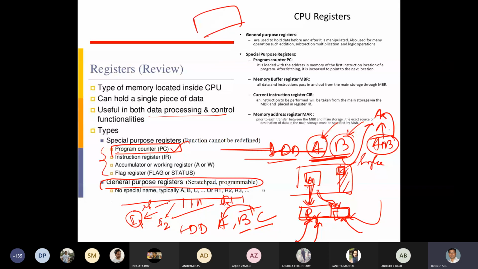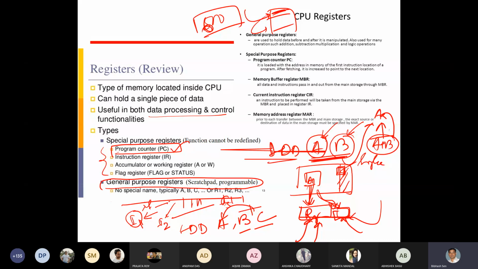So the PC always contains some address value, maybe 500. So you go to instruction number 5. After that maybe 600. Each time you execute an instruction, you go to the next instruction, because instructions are executed sequentially. So our PC always points to the next instruction to be executed. Clear?